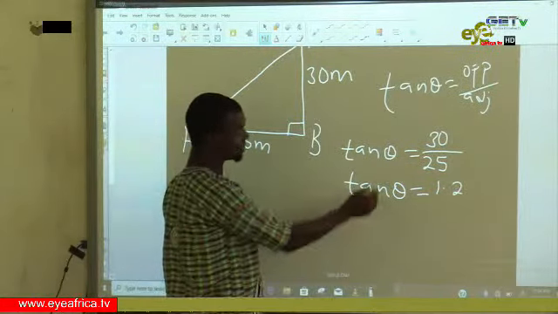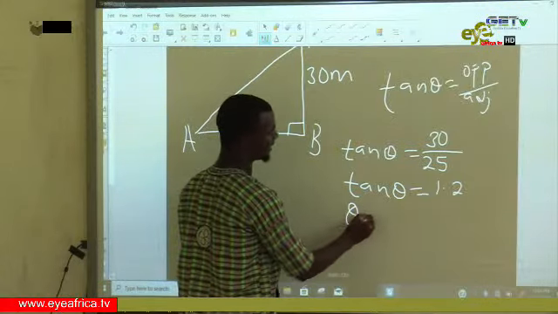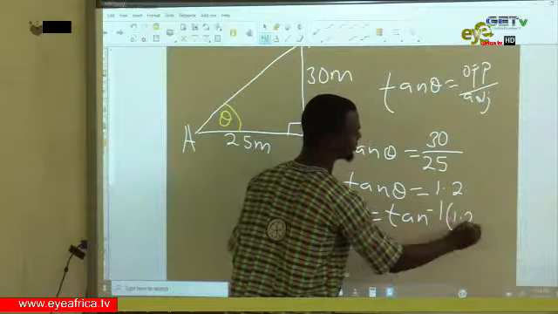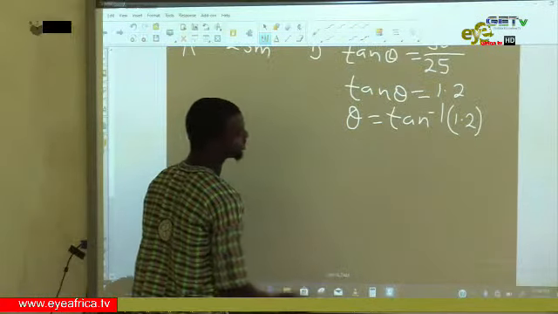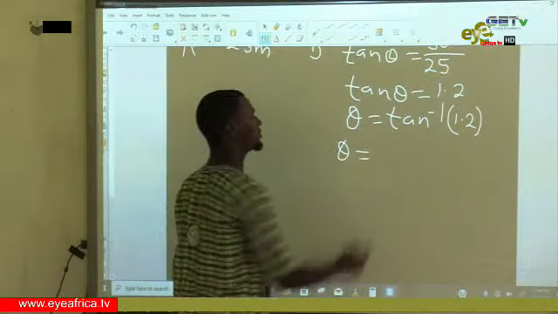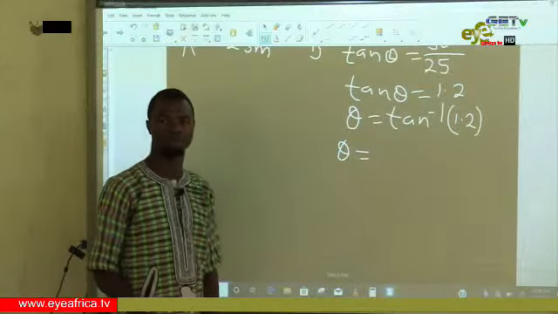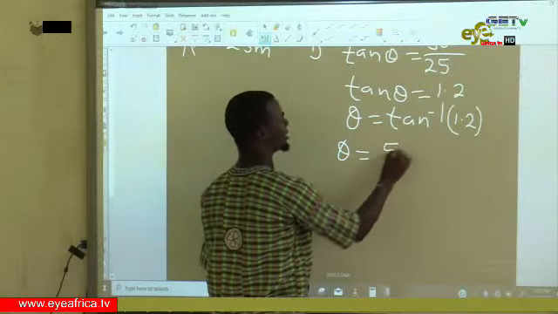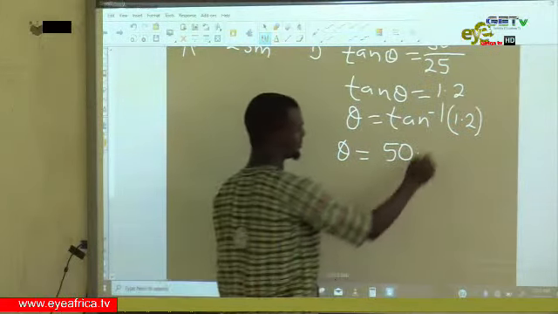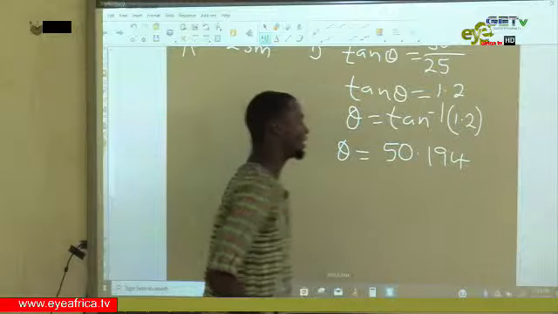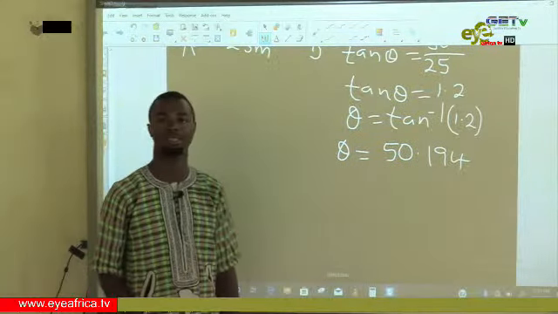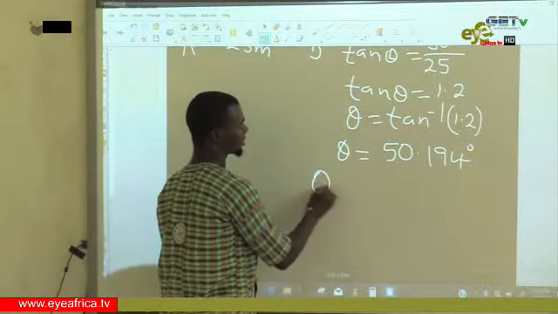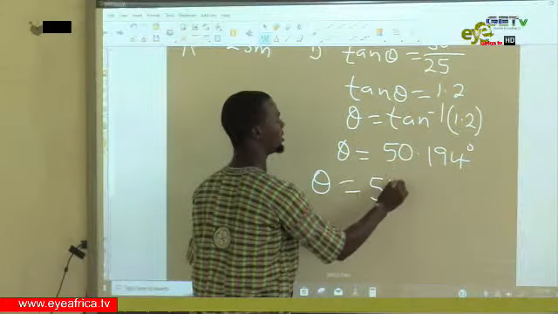Find the tan inverse to get theta. So theta is equal to tan inverse of 1.2. If you press your calculator, tan inverse of 1.2 is 50.194. So theta is approximately 50 degrees.